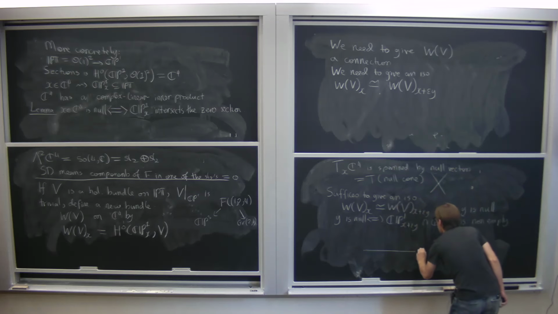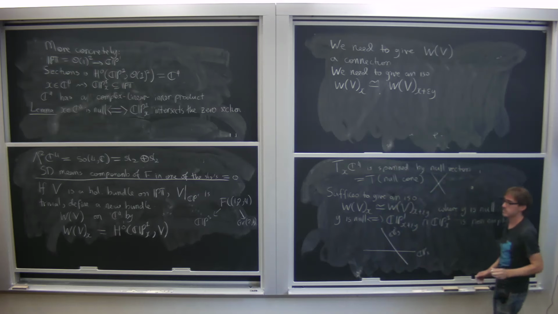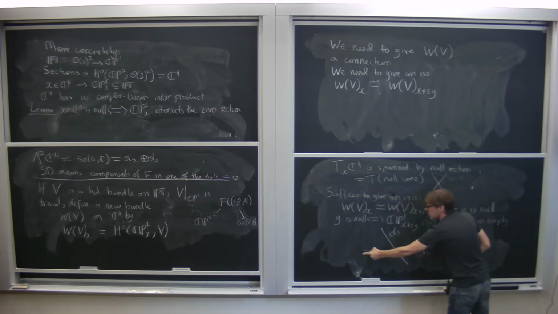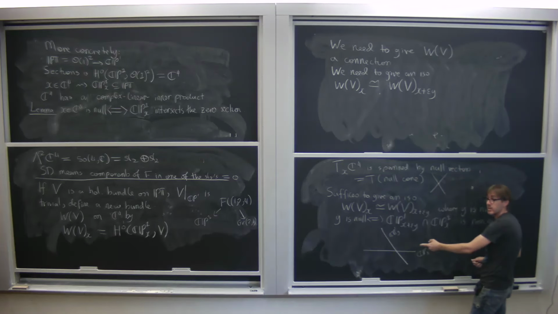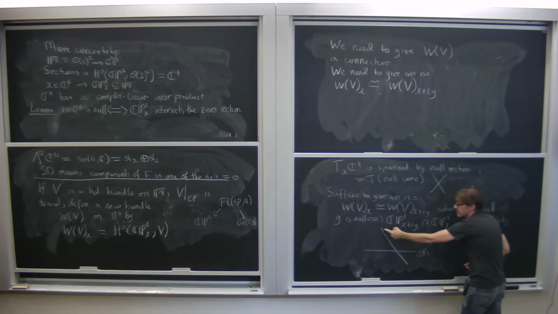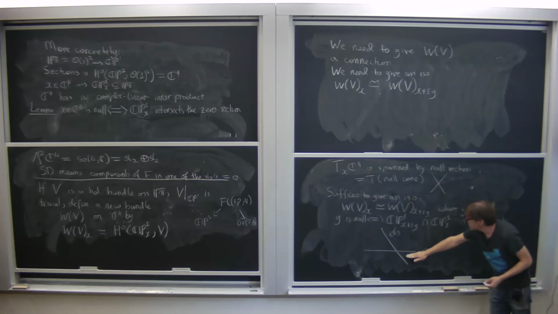This is the CP1 at X, and the CP1 at Y. Because my bundle is trivial, sections on this CP1 are the same as the fiber at the intersection point, and that's the same as the sections on this other CP1. So as long as they intersect, we get a canonical isomorphism from here to here.